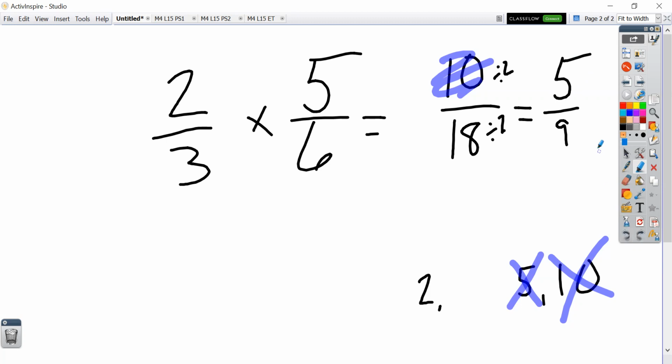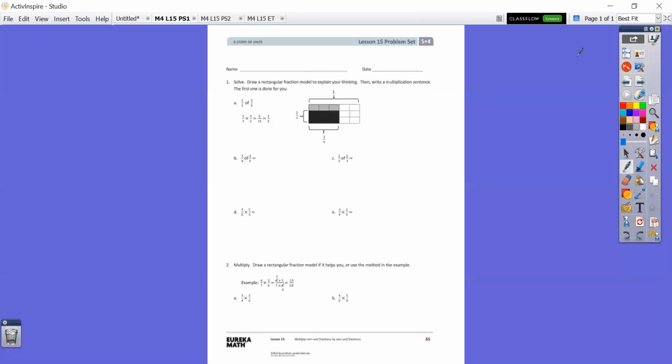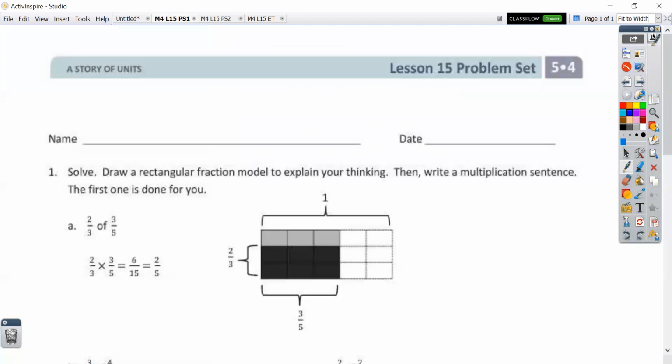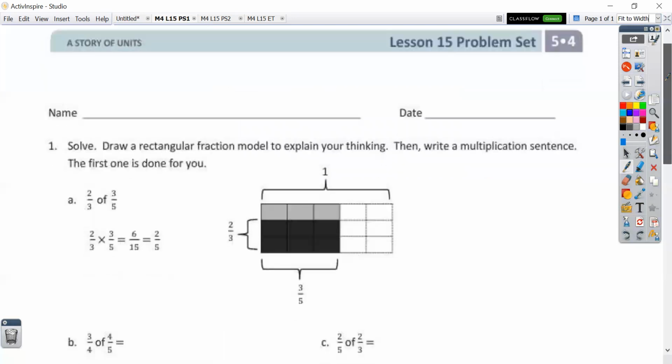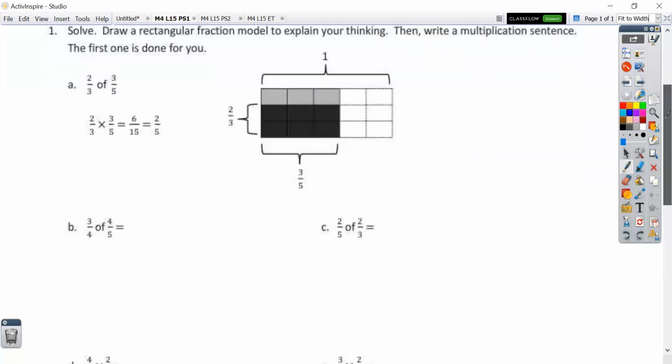All right, so let's get to our problem set. And then we should be on track for just under a 15-minute video is my guess. Let's zoom in on this and see the directions. Again, if you can't find your book, just do these problems on a piece of paper.